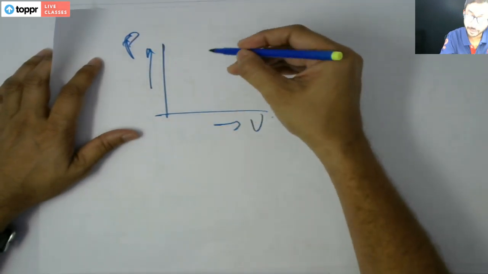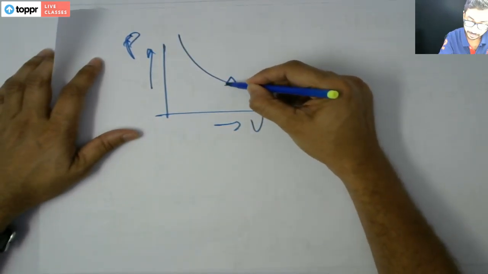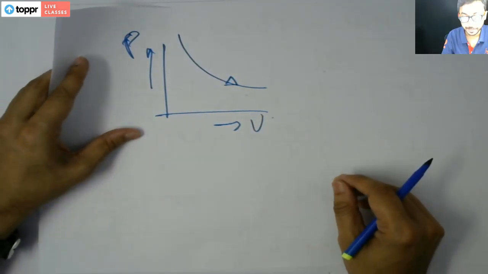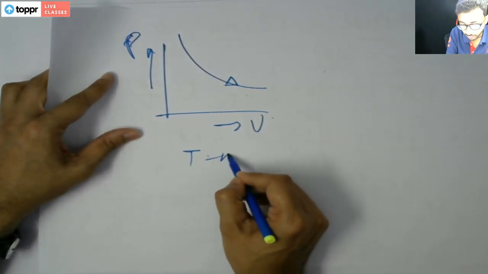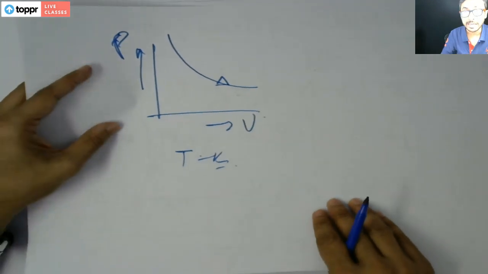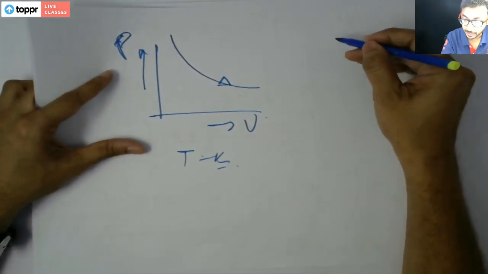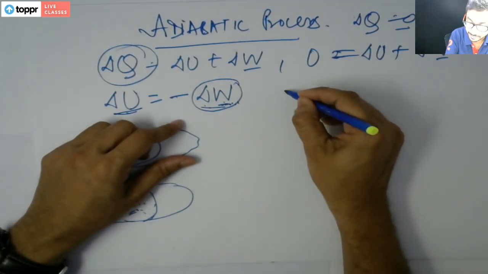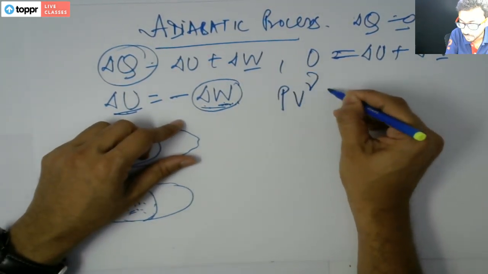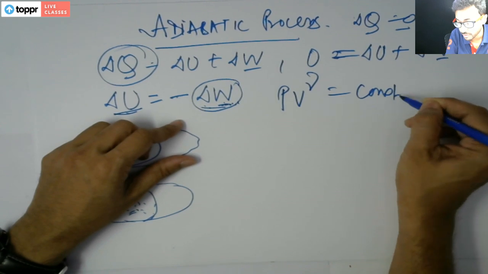The graph for this will be like this, right? PV, this is isothermal. Whereas in the adiabatic process, we will see PV to the power gamma equals constant.